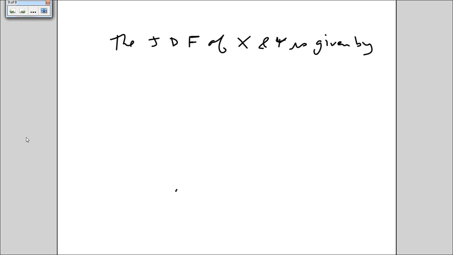Okay. So let's try to do a couple of problems. Suppose the joint density function of x and y is given by this formula. f of xy is piecewise.